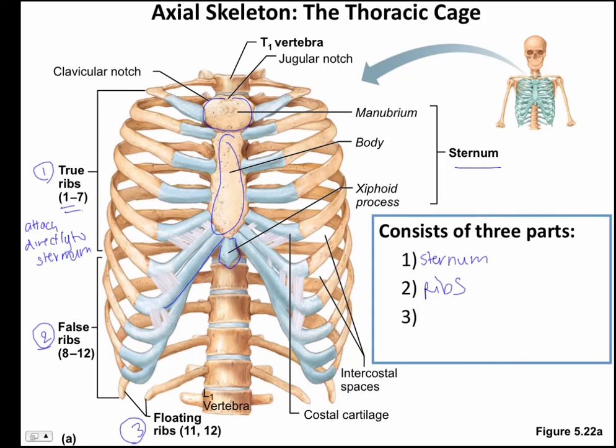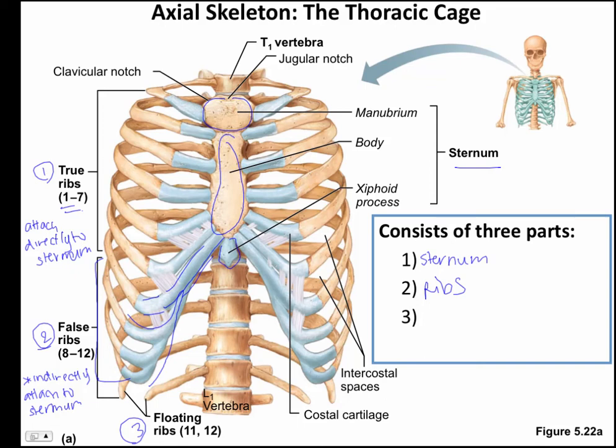False ribs are 8 through 12. And these are considered false ribs because they indirectly attach to the sternum. Because they actually attach to the true ribs, all that cartilage of that true ribs.